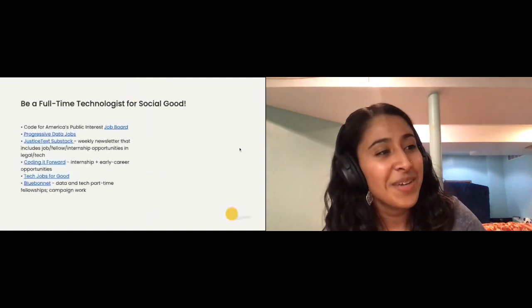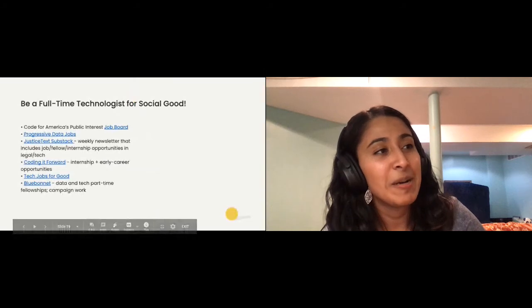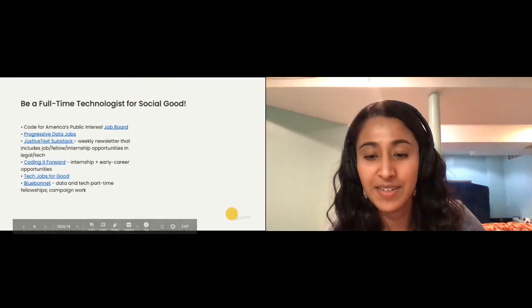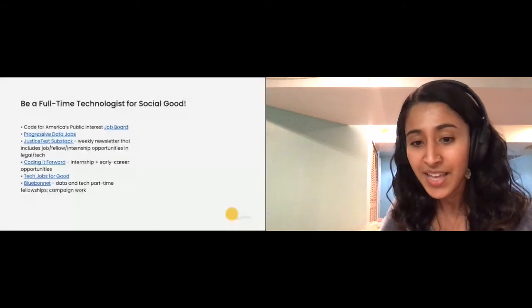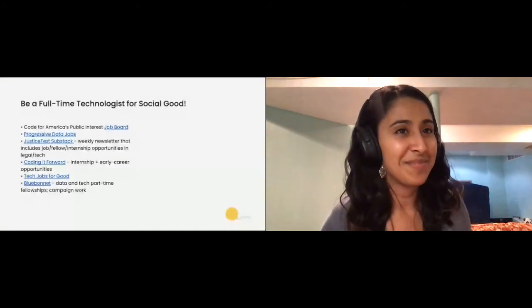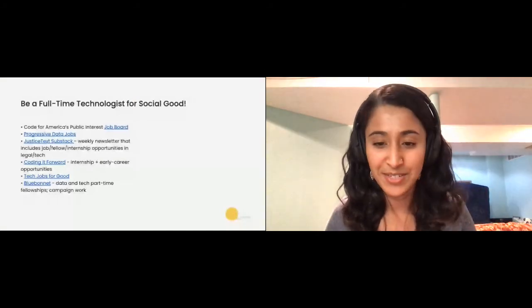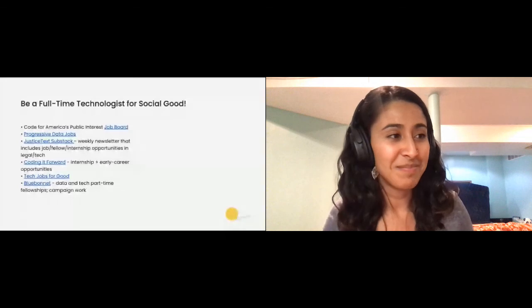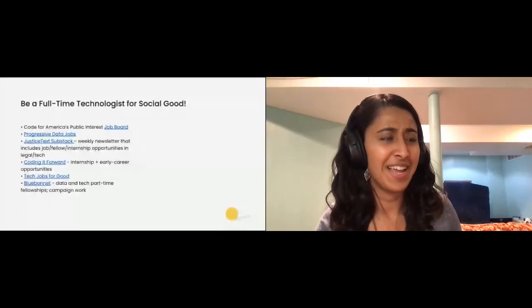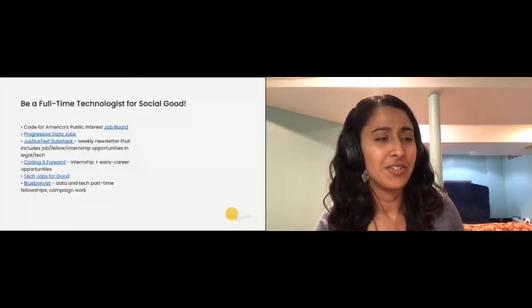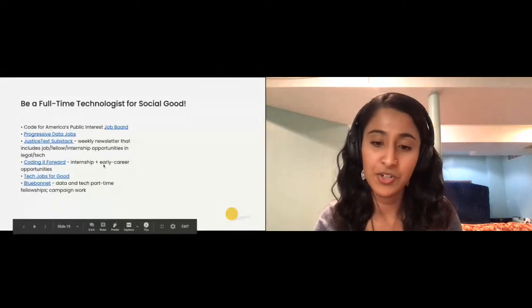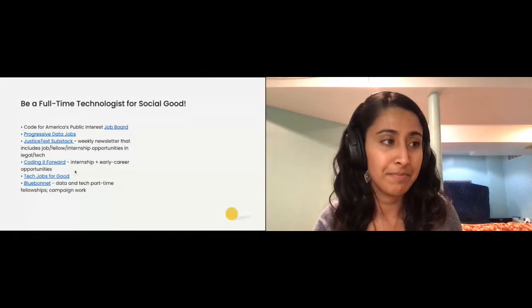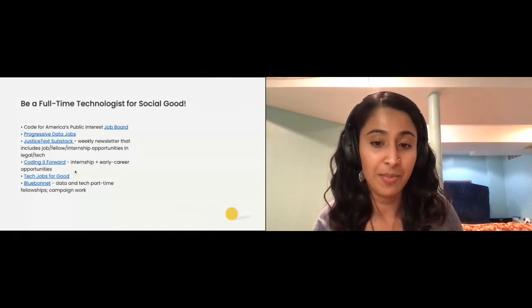So I have a couple more resources here, if you're interested in finding different internships or full-time jobs in this area. A lot of these tech for social good communities you kind of just fall into randomly, but they're all really great, and I would encourage you to check all these out if you're interested. Coding It Forward, I know, has a really cool internship, like a fellowship, and it seems like a pretty great opportunity.